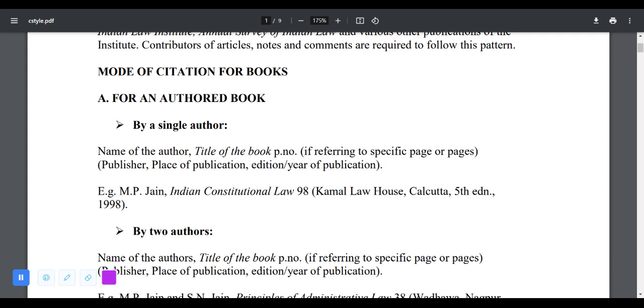For example, Indian Constitutional Law is a book where you found some information, and you quoted information under page number 98.